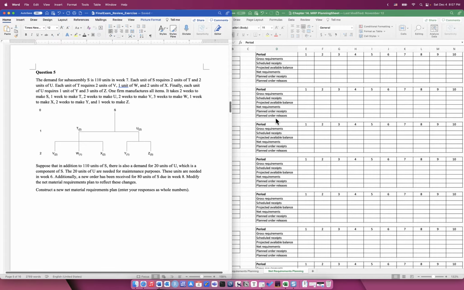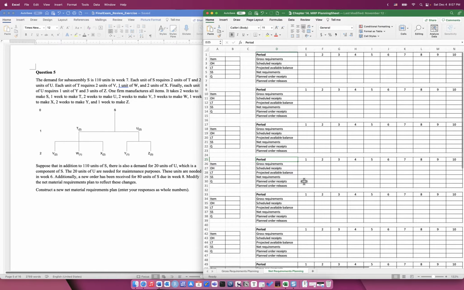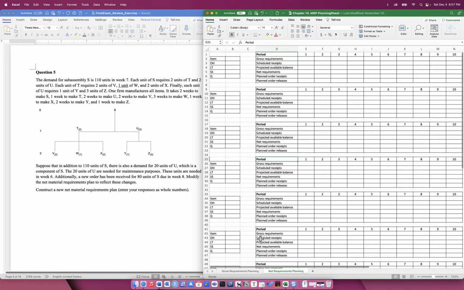But we are going to do it the way a normal person would. Remember, I posted an MRP planning sheet, which has a gross requirement planning sheet and a net requirement planning sheet. I'm going to be using the net requirement planning sheet.